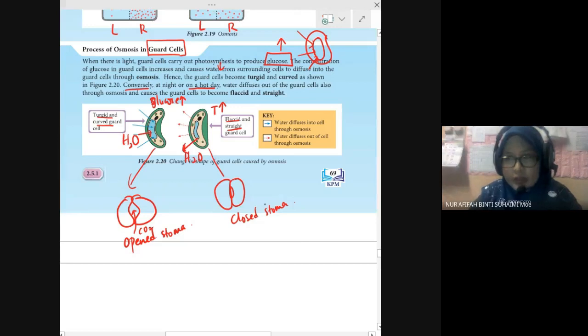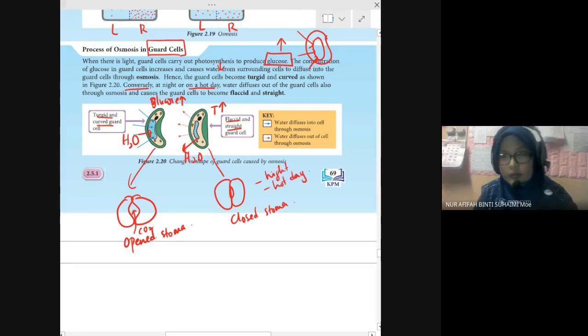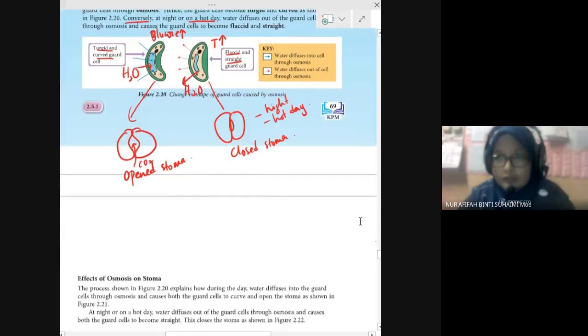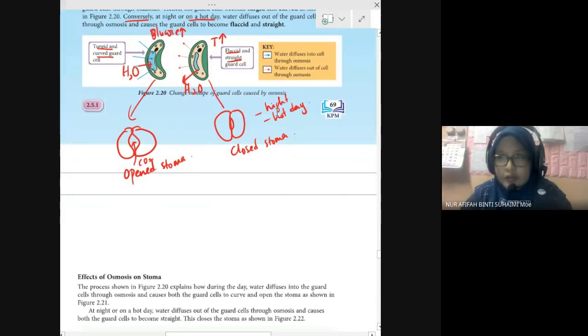So this one maybe occurs during the night or hot day. Okay. Why is it closed? Because it doesn't want to lose water. It prevents loss of water from the leaf, from the stoma. Okay. Kalau hari yang panas ataupun waktu malam.